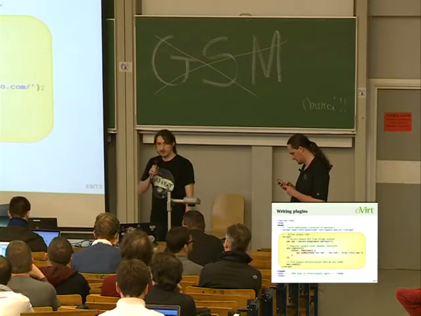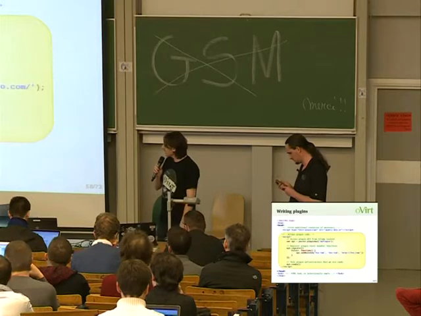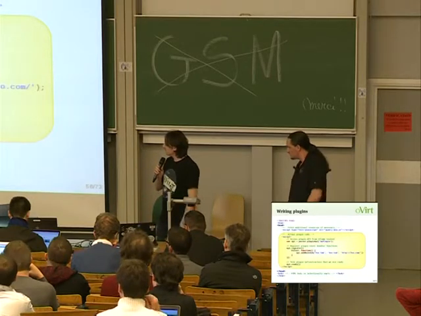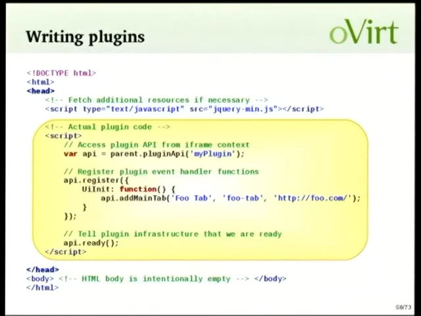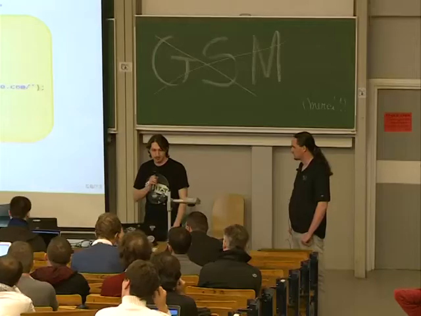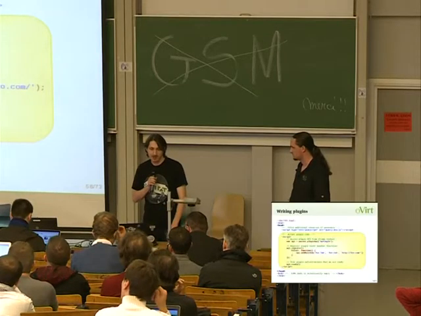Let's have a look at a very, very simple plugin. As you can see, it's basic HTML code and a JavaScript section. One important thing to know about UI plugins is that plugins are executed in an iframe. So first of all, you have to access the plugin API from the iframe.